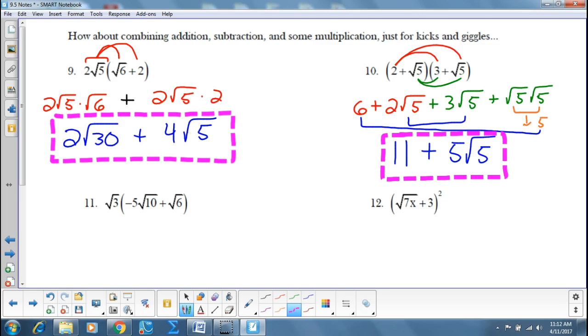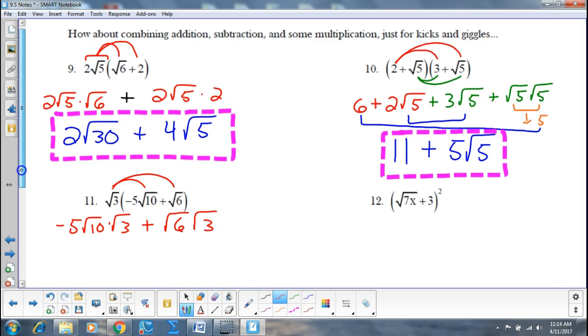Okay? You do numbers 11 and 12 on your own. So that would become then negative 5 times the square root of 10 times the square root of 3 plus the square root of 6 times the square root of 3.